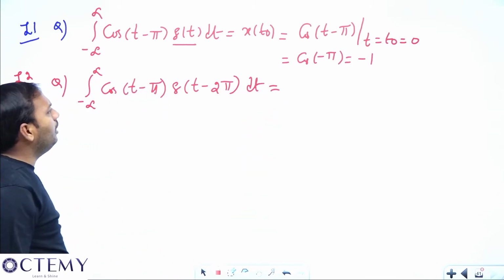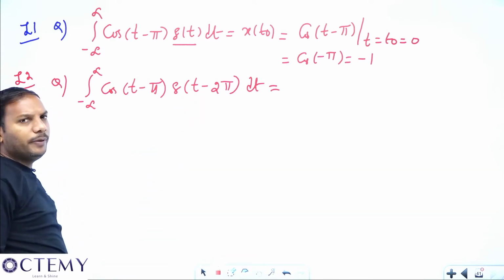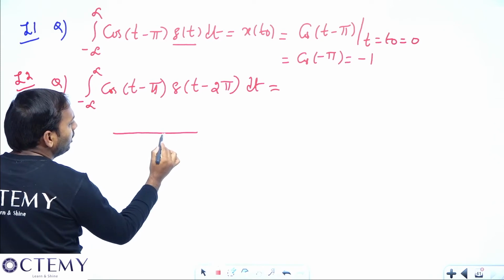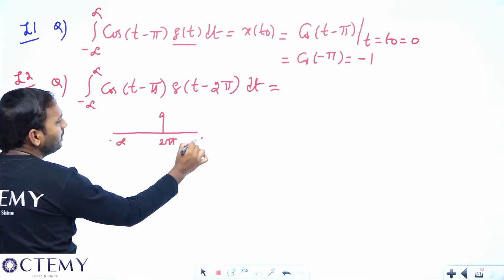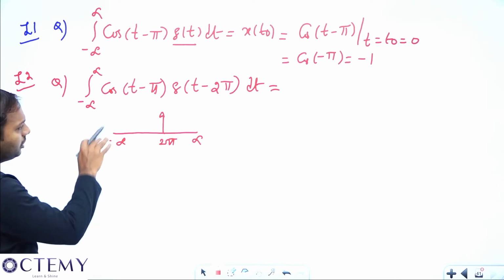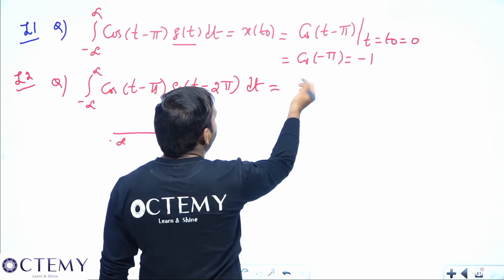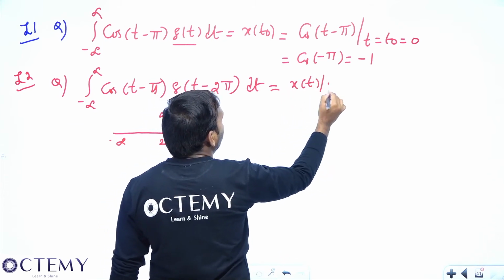So here the impulse is happening at t equal to 2 pi. See here, I will plot it, it is 2 pi, the impulse is happening here, but you have to integrate from minus infinite to plus infinite. So this impulse is including the limits. So directly the answer is x of t naught.